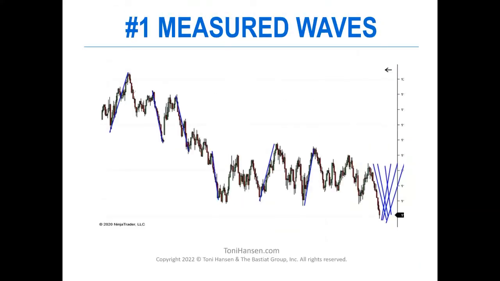Then what you're going to do is look for comparable moves that are really the same in terms of the size of those movements, and then the correction period. So if you've got an impulse move like this, and you've got a longer zone of correction where it breaks this trend channel, then technically this is going to be wave 1.